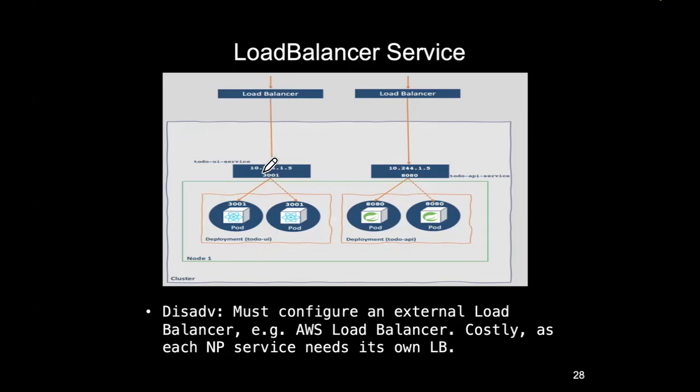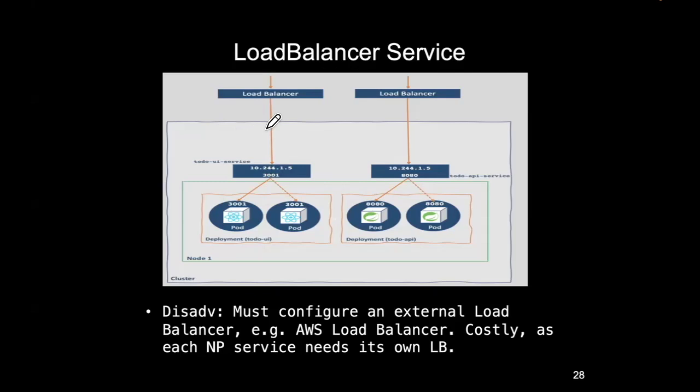So the overall advantage of this service type is that we can now access it externally via the cloud load balancers. So that's good. No need for port forwarding. And we're not exposing any ports of our worker nodes, so it has that advantage as well. So lots of advantages over the node port approach.